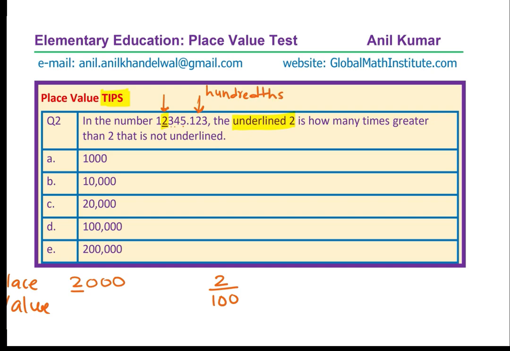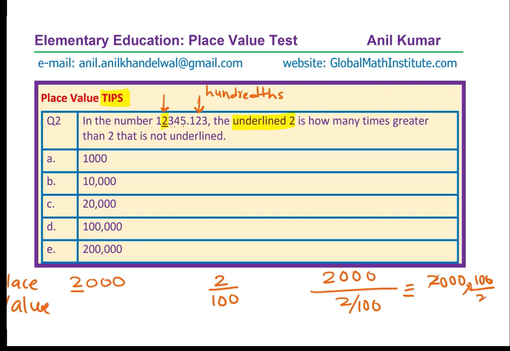Now we want to compare them. One way is you can divide one by the other. That means you divide 2000 by 2 over 100. So it is as good as writing 2000 times 100 over 2, right? You can multiply like this.